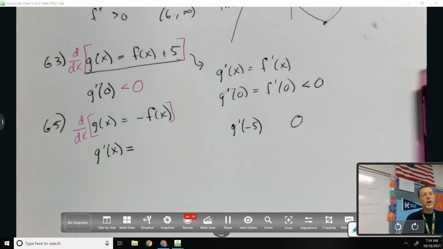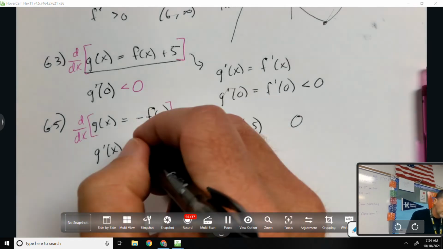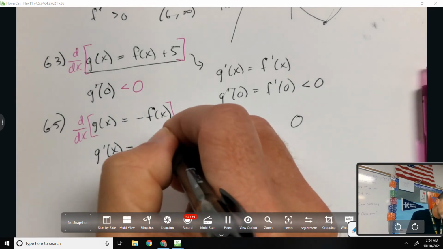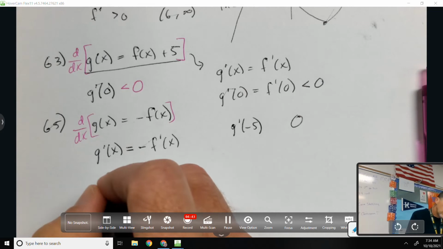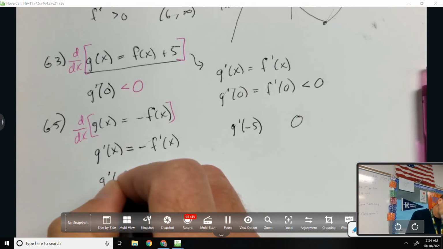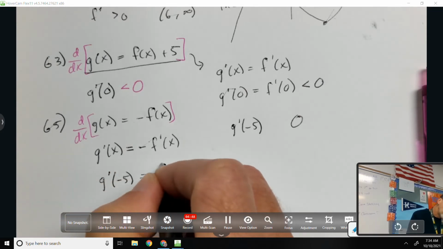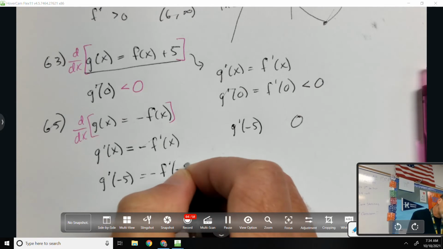So what's g prime equal to? Negative f prime. So g prime of -5 equals negative f prime of -5.